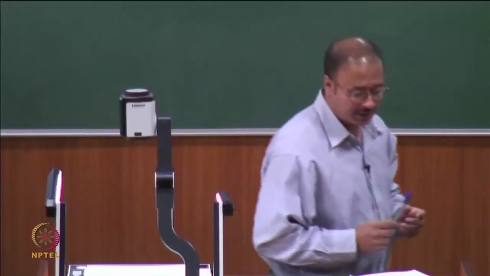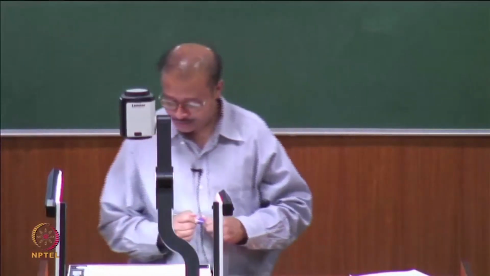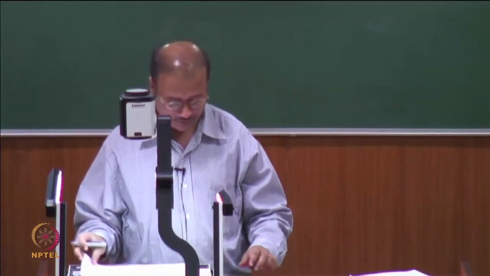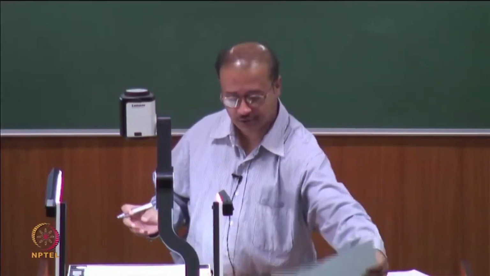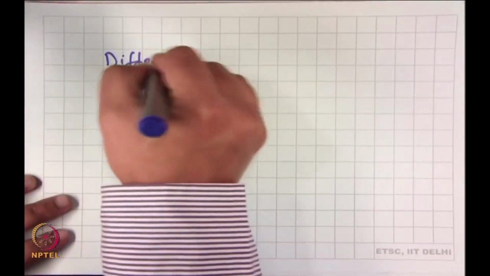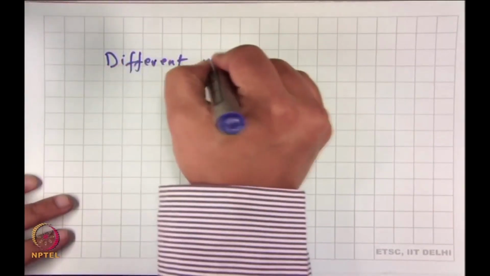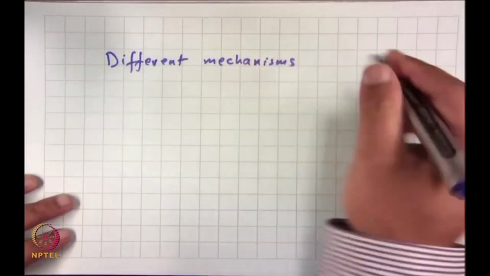Okay, so last class we had started with protein folding mechanism, right. Just a brief recap. What we did last class essentially was we looked at different mechanisms. We did not go into too much detail.